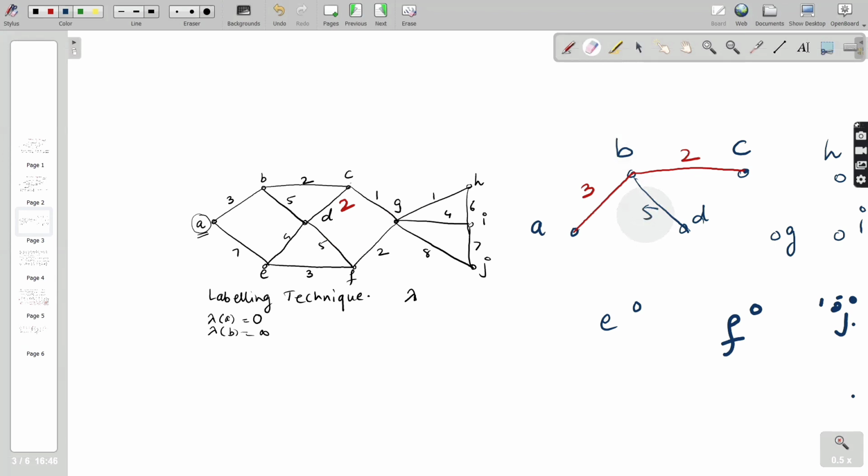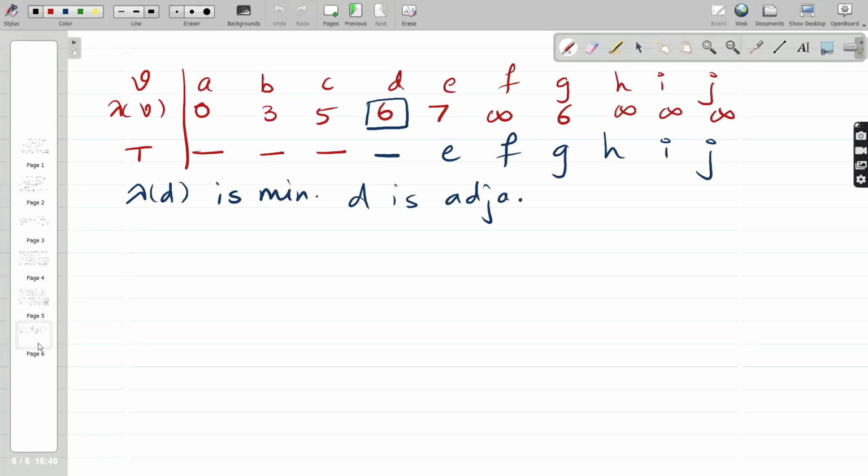But now when I travel via C, A to B it is 3, B to C it is 2, and C to D I am taking as 2. So it makes distance equal to 7. So this path is giving a better answer. So 3 plus 2 plus 2. And of course for lambda G it is 6. This is how one can progress the graph also simultaneously.